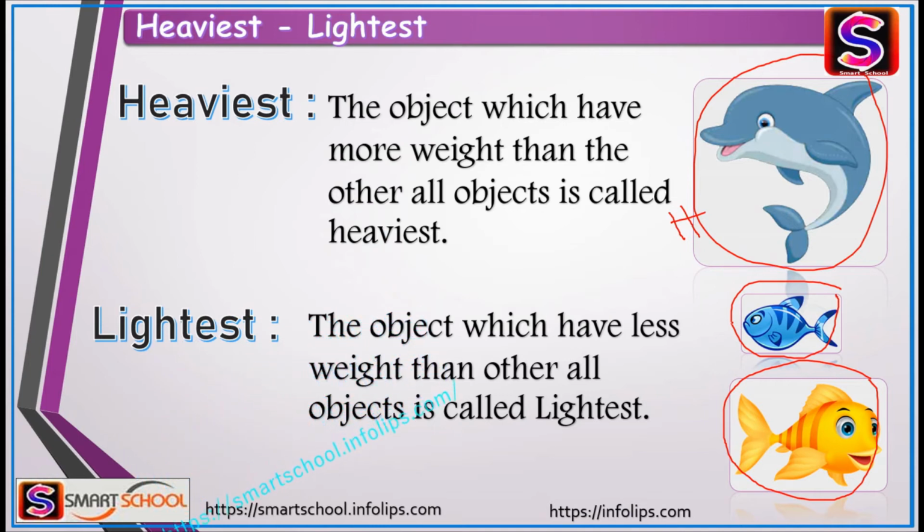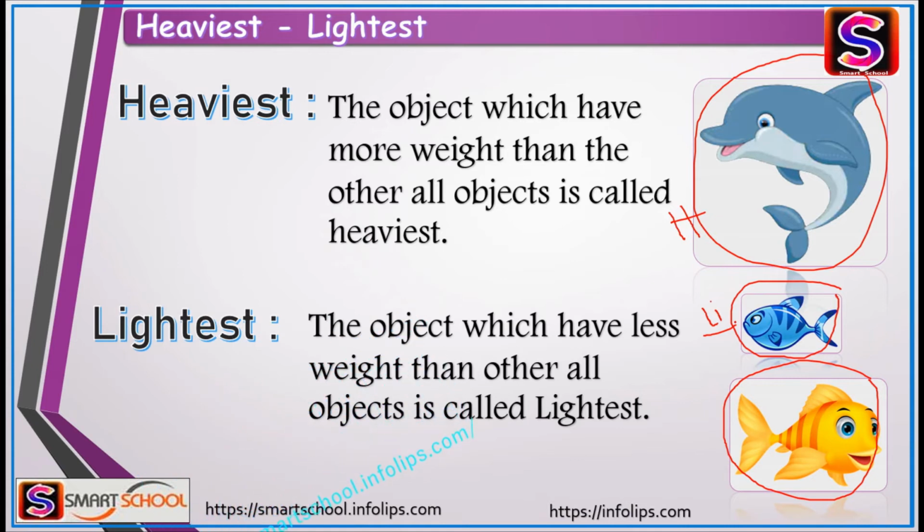And this blue middle one is very light, so we will say it is lightest. Whenever we compare more than two objects, we say heaviest or lightest. And if we compare only two objects, we say heavy and light.